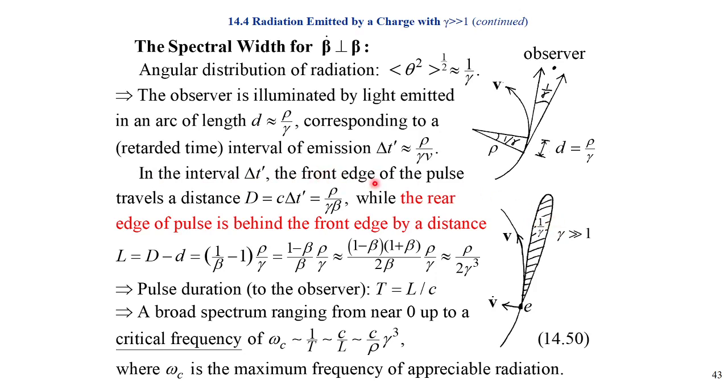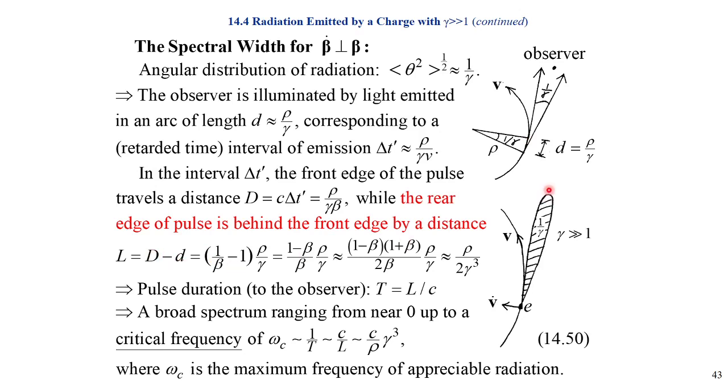The front edge of the pulse travels a distance c times delta t prime. Okay, delta t prime is here, while the rear edge of the pulse is behind the front edge by a distance d minus D. D is the tracing, from here to here.